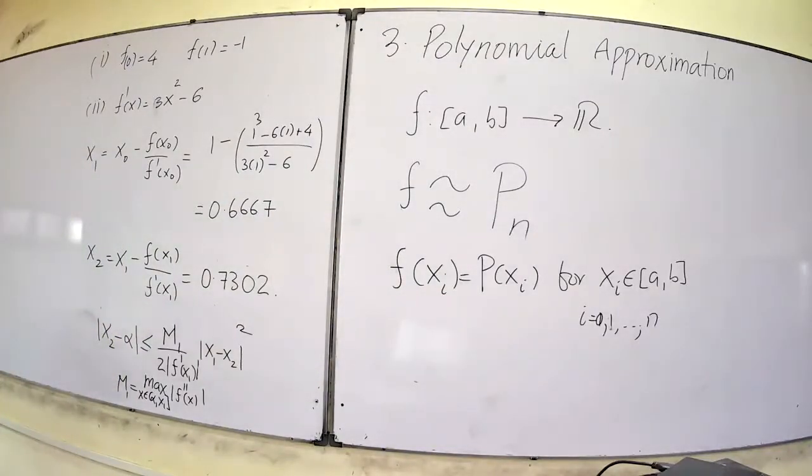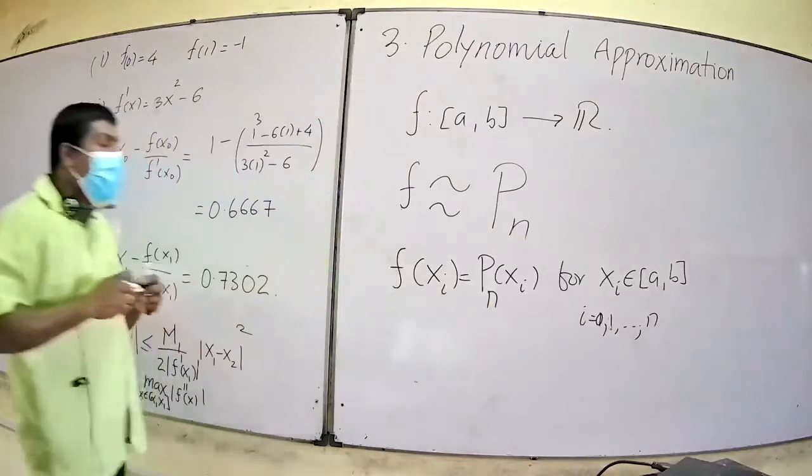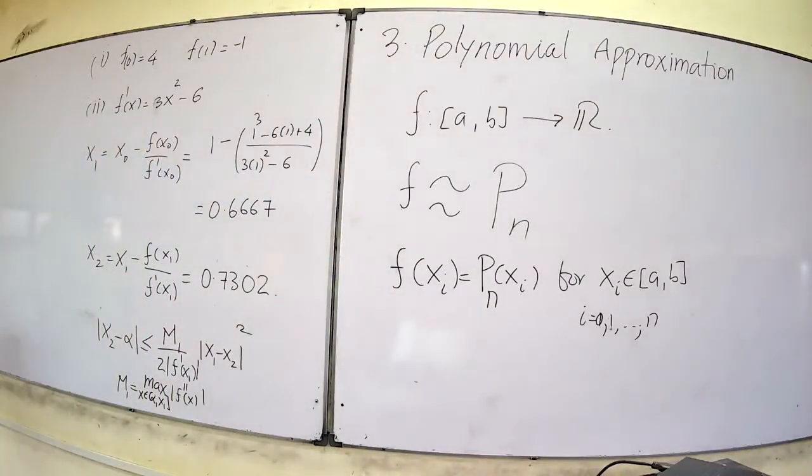We are given a function defined on an interval a comma b, and we try to find a polynomial that approximates the function. By approximation, we find a polynomial Pn that will agree with the function f on certain points in the domain, for some xi's in the interval a b, right?